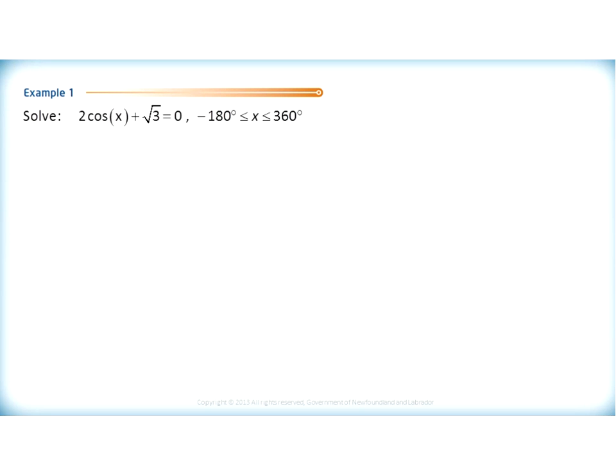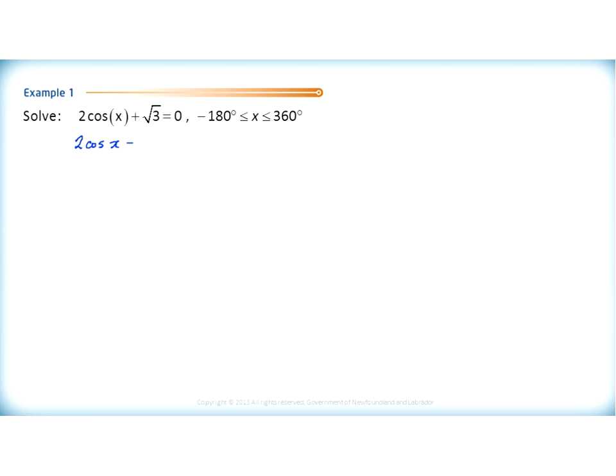In the first example, we are asked to solve 2 cosine x plus √3 is equal to 0. The specified domain is that all values of x have to be greater than or equal to -180 degrees, but less than or equal to 360 degrees. So let's isolate the term containing the cosine of the angle.